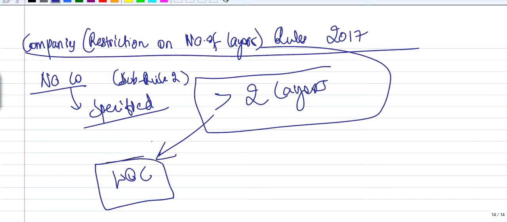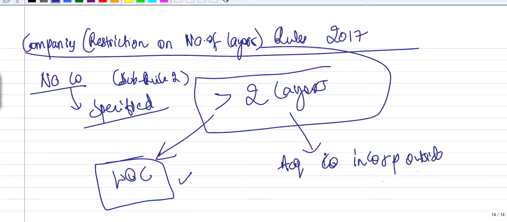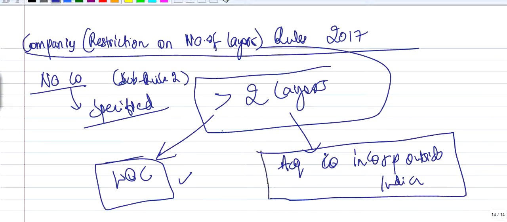Wholly owned company can have, or in the case of acquisition of a company incorporated outside India, except for these two, no more than 2 layers of investments or loans.